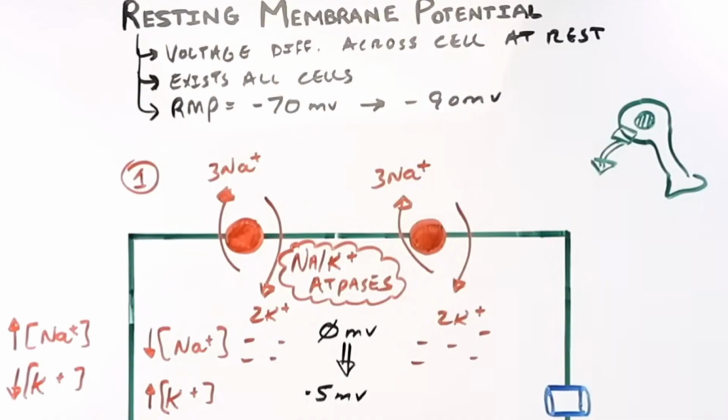As we're going to learn soon, there's a different voltage difference as the neuron is firing and as it's repolarizing. But when we speak about at rest, when the cell is not doing any action, then the neuron cell's resting membrane potential is, according to most textbooks, negative 70 millivolts to negative 90 millivolts. Now, we'll expand more about these numbers in a minute.